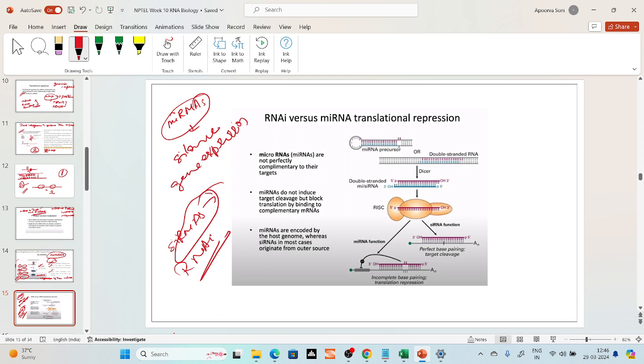But the most important difference between microRNA and siRNA is that microRNA does not have a complete or perfect base pairing with the target, whereas siRNA has a perfect base pairing with the target mRNA. That means for whatever mRNA has to be repressed, siRNA does the perfect base pairing, whereas miRNA has an incomplete base pairing. Okay, this is very important.